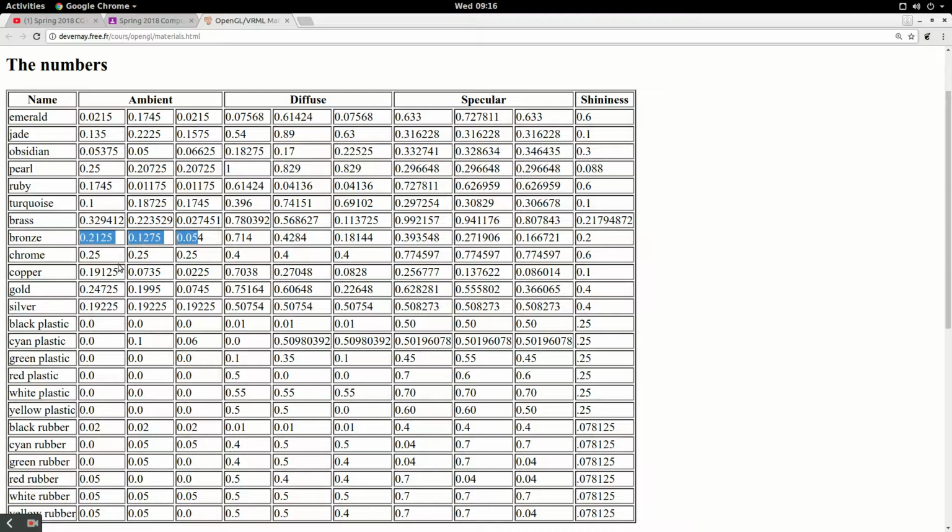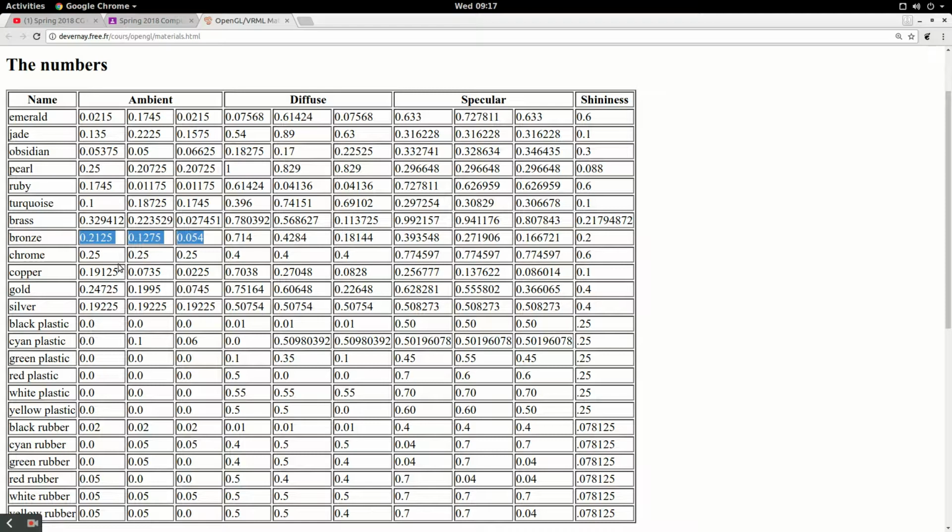We have a reference number for gold, but it's not going to look the same. You can change these values to make it appear a little bit darker or a little bit brighter, depending on how it is. You can consider these to be the default values or reference values to start with. Then you can play with the numbers a little bit to get your desired effect. That's what I mean.